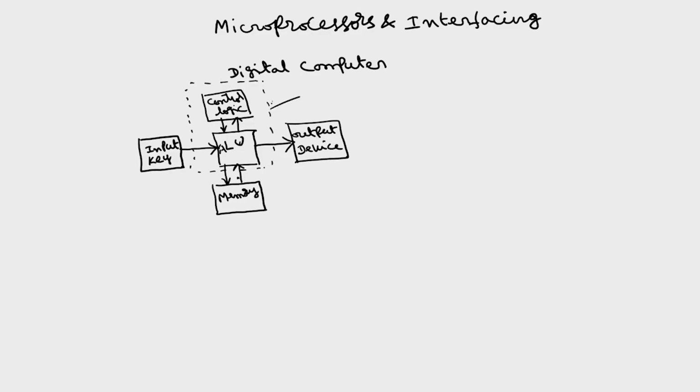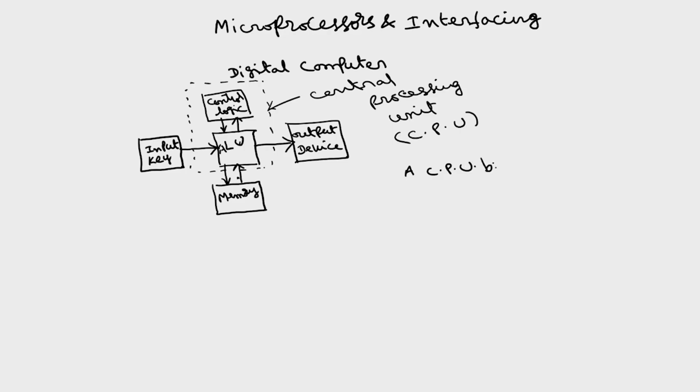This is called a central processing unit, CPU. The CPU can be made of different circuits like adder, subtractor, AND operation, OR operation and so on, or otherwise you can build this CPU into a single IC. That single IC is called a microprocessor. A CPU built into a single integrated circuit is called a microprocessor.